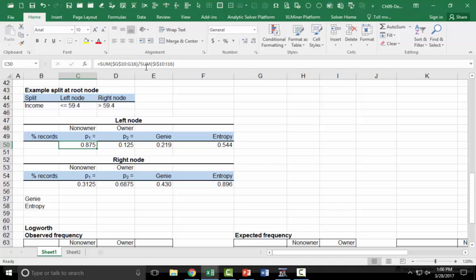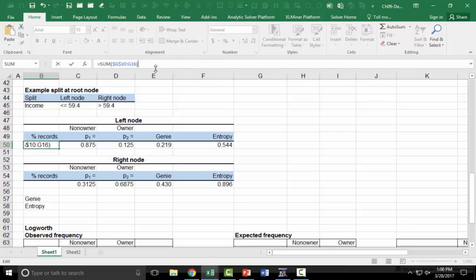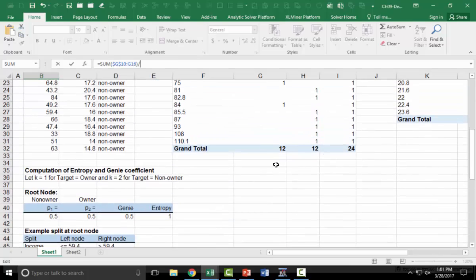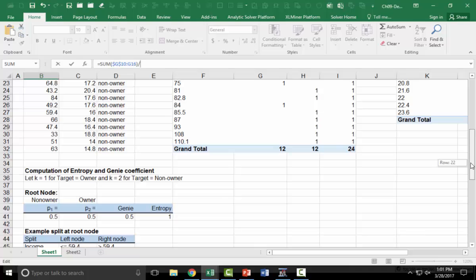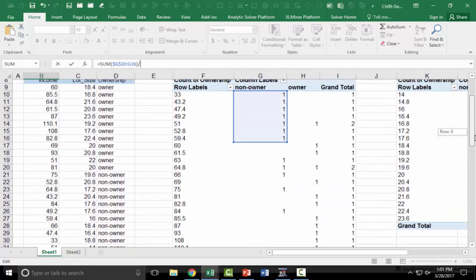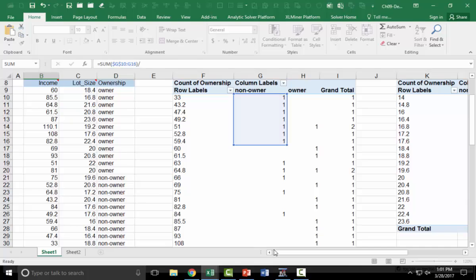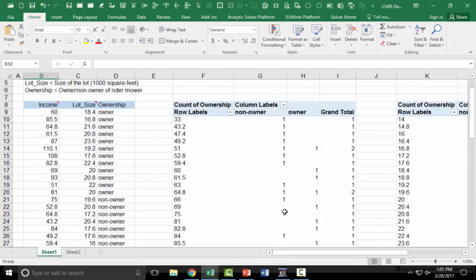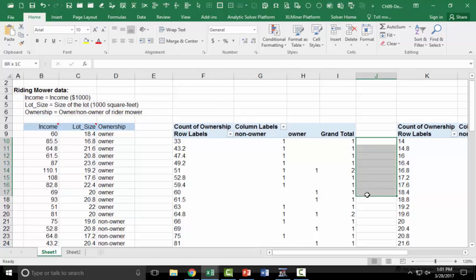So this part is the same, G10 through G16, when we divide by, not G, I'm sorry, not G, I. So this is the total number of records, and we have split in this fashion.